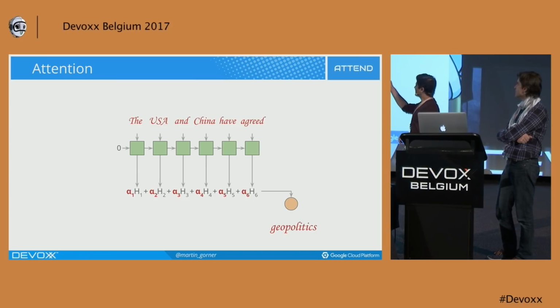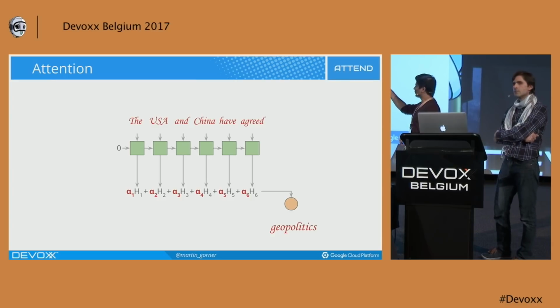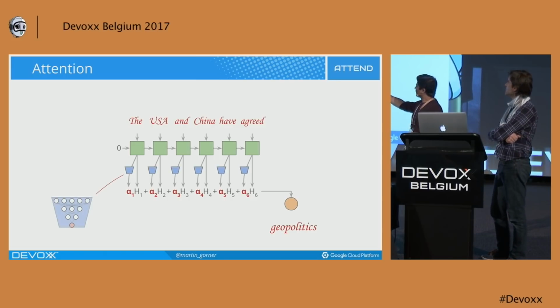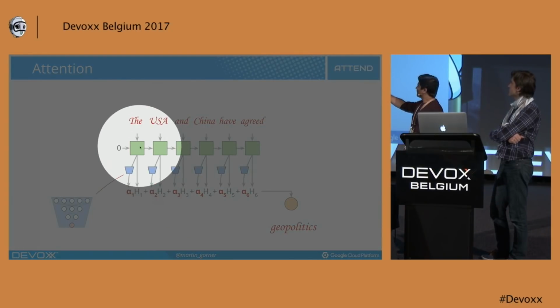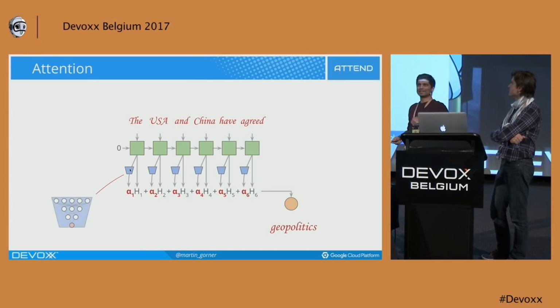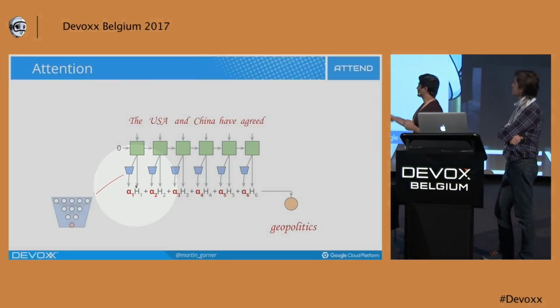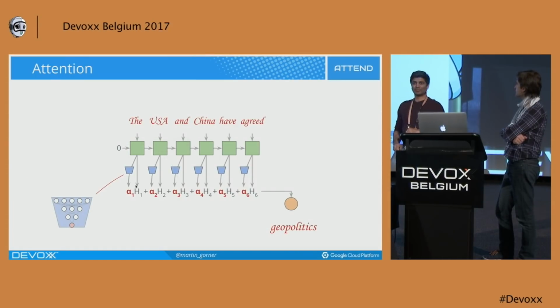You probably want some information about each of the words in computing these weights. The word "the" is probably not very useful, so if the model sees the word "the," it should maybe ignore it. And so you train a very, very small neural network from the output of the cell, whose whole job it is to vote on how important that word is. So this little neural network gives you a little alpha here, which tells you how important the cell is. Then you do the weighted sum, and then you feed that into your predictor.